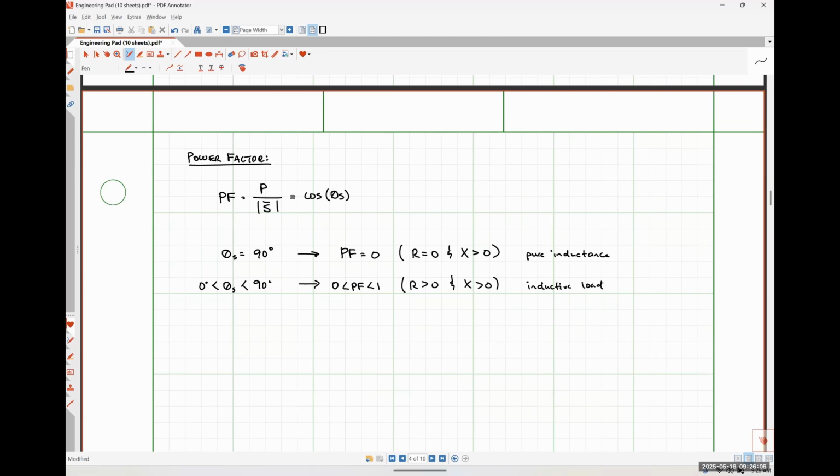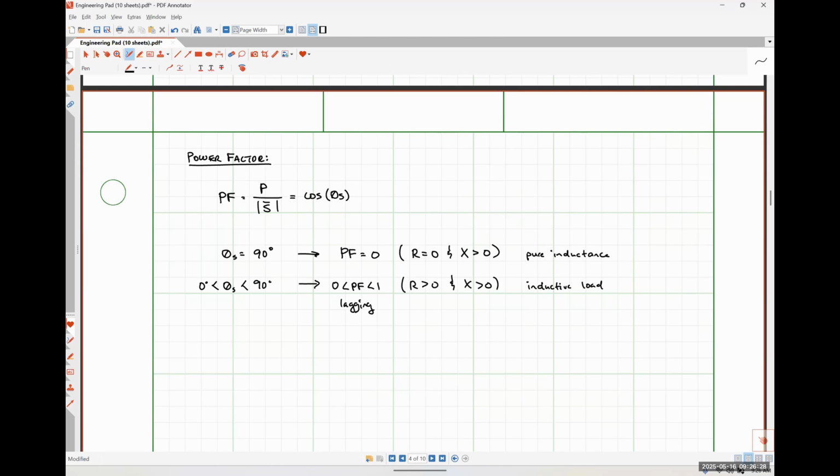So whenever we have an inductive load, we know that our current is going to wind up lagging our voltage waveform. And so we're going to call these power factors lagging power factors, meaning simply that our current is lagging our voltage.